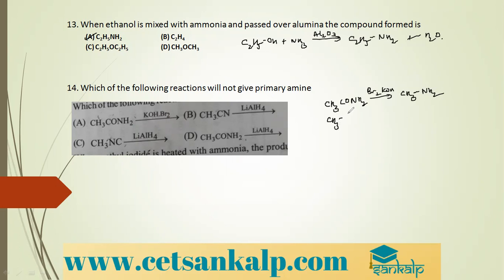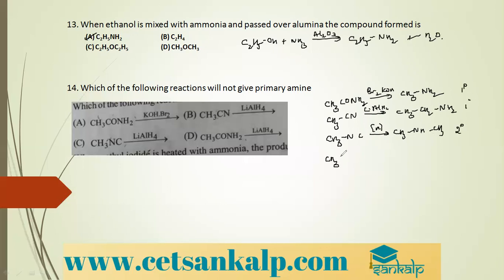Second is CH3CN. Just now we have seen when I carry out reduction of cyanides, I'll get primary amine, CH3CH2NH2. Third one, isocyanide, CH3NC, with lithium aluminium hydride, that means reduction, gives CH3NHCH3. I'm getting secondary amine. So this is primary, this is primary, this is secondary.